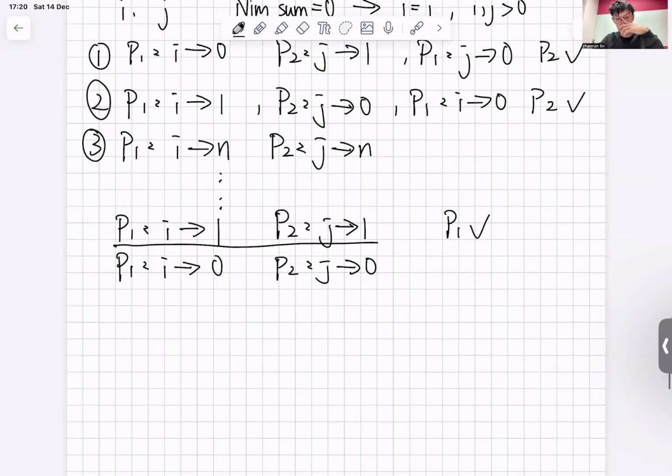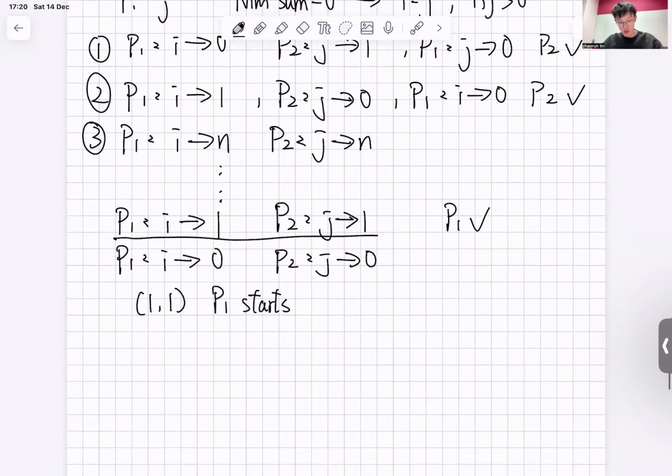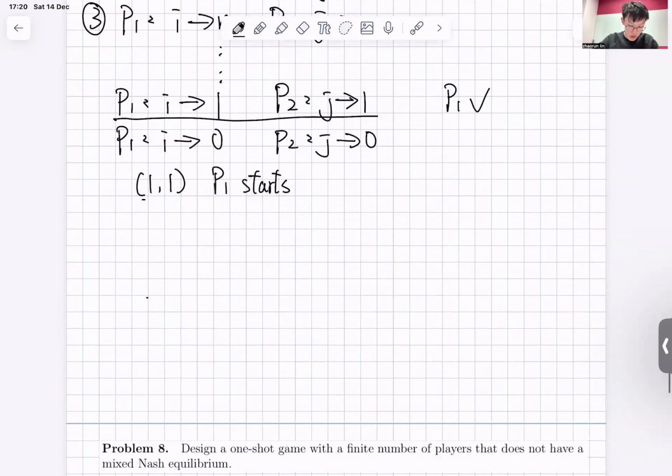You can see that when the state is 1-1 and player 1 starts first, player 1 wins because he can reduce one number to 0, and then player 2 has to remove the other number to 0. Player 2 makes the last move. Player 1 cannot move, so player 1 wins.